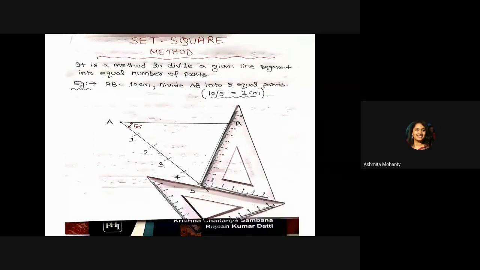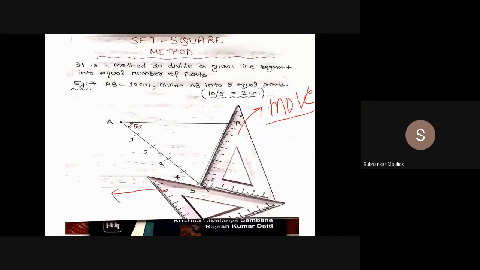Yes, sir. Okay. Then you need to keep in mind that this top set square is moving all the time and the bottom set square is fixed all the time. With one hand you have to keep this bottom set square fixed, with the other hand you have to move this top set square.